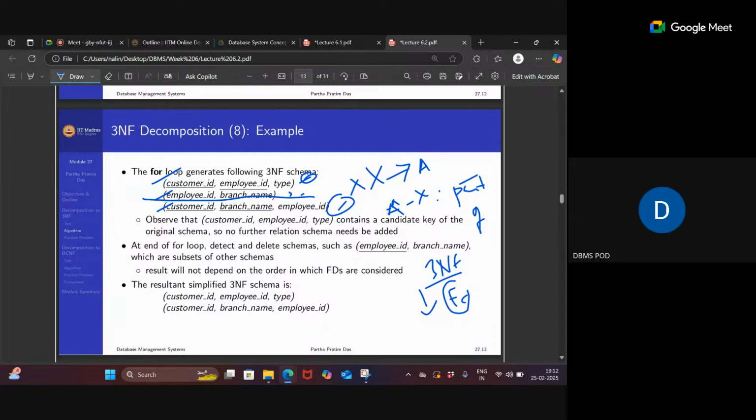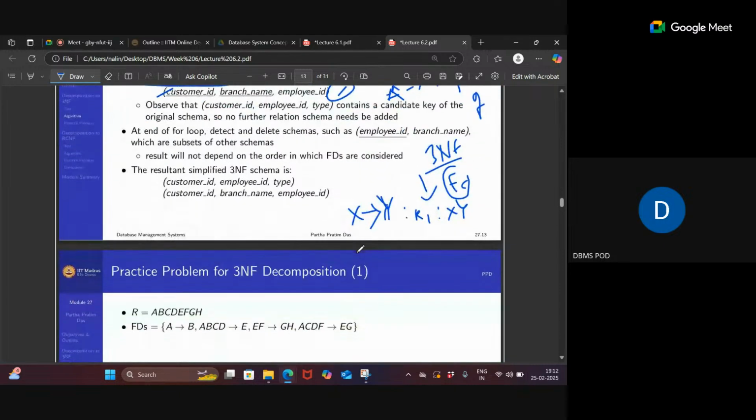After finding the canonical cover, for each and every FD X determines A, we create one relation R1 with XY. For all the FDs in the canonical cover, we create separate relations. And finally, we check whether the candidate key is present in the decomposed relations or not.